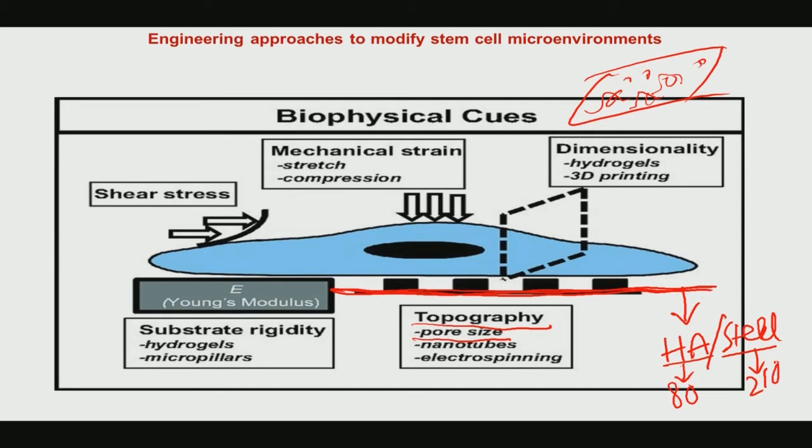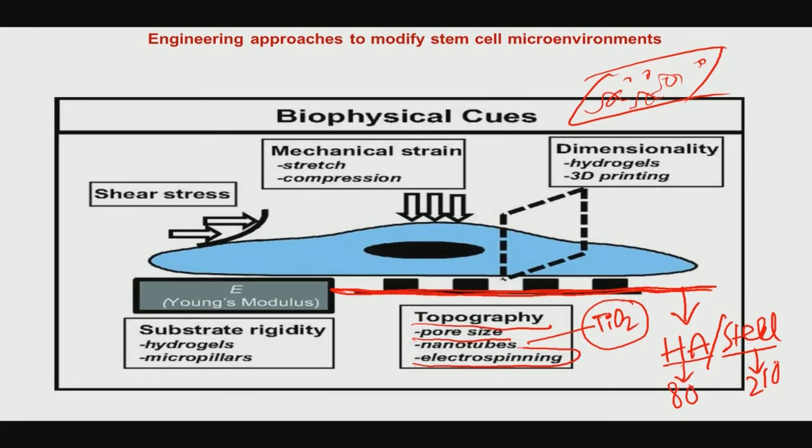Then you have nanotubes, like titanium oxide nanotubes that people use. They can grow titanium oxide nanotubes by certain chemical processing on the titanium substrate itself, and these nanotubes have certain physical features: they can be tubular in shape, they have a certain diameter, a certain aspect ratio, and so on.